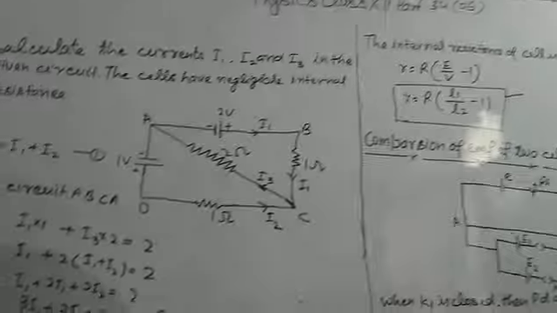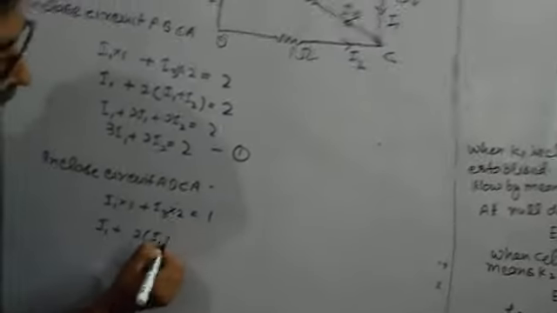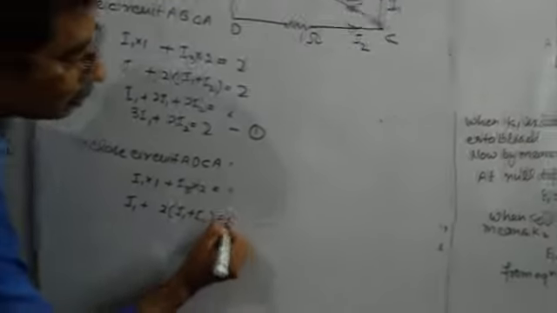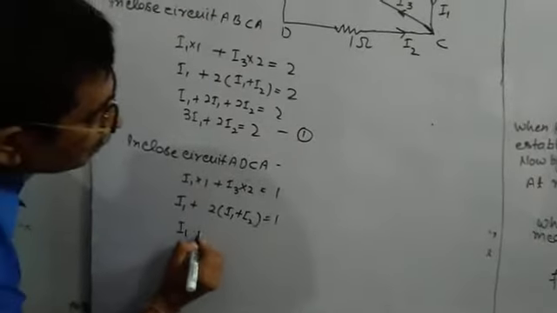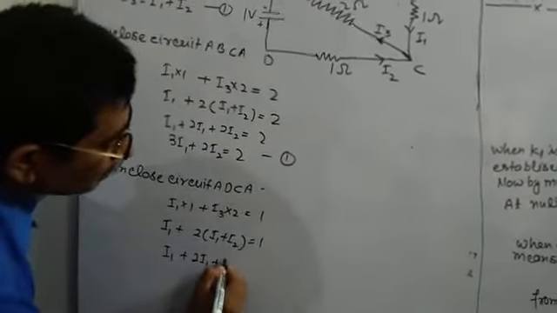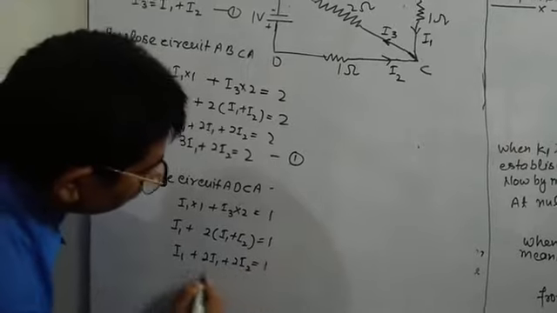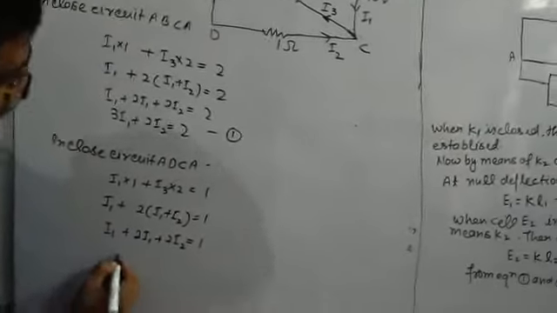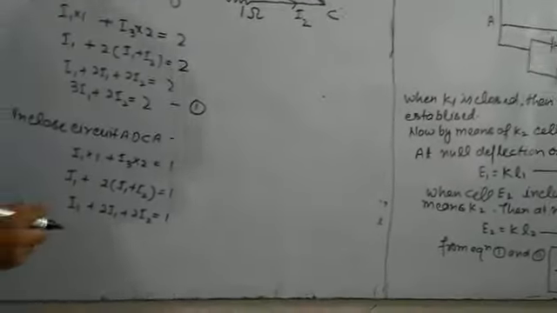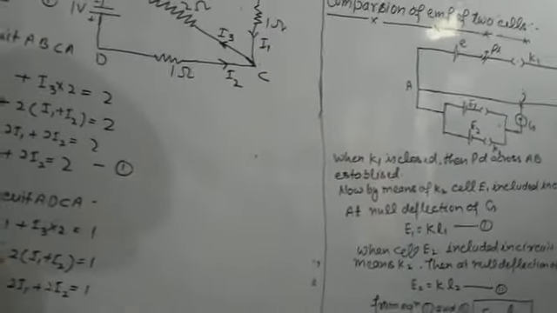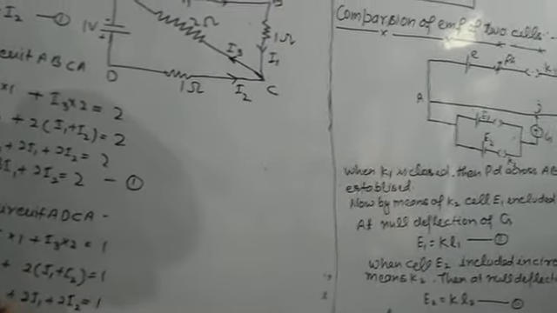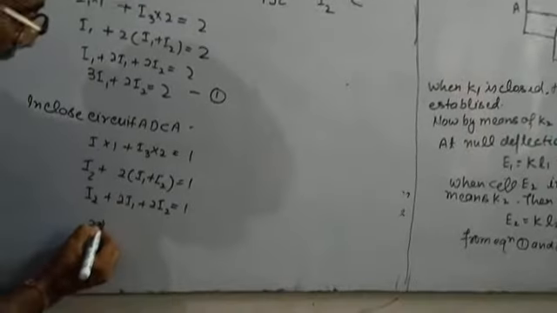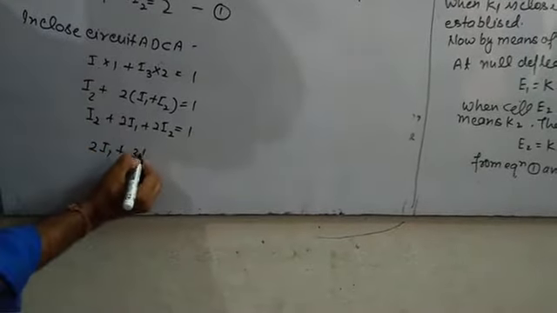I1 plus 2 times (I1 plus I2) equals 1. Therefore 2I1 plus 3I2 equals 1.